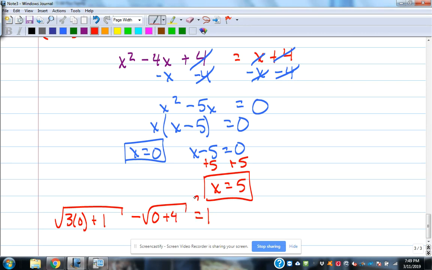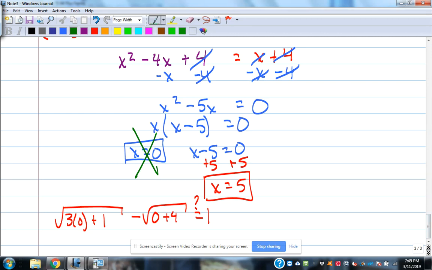Does that equal 1? That's my question. 3 times 0 is 0. Plus 1 is 1. Square root of 1 is 1. What's the square root of 4? 2. Is 1 minus 2 equal to 1? No. So this guy is extraneous, so we throw it out.